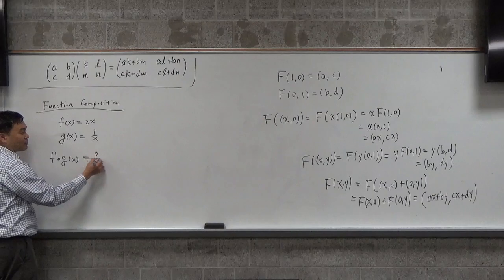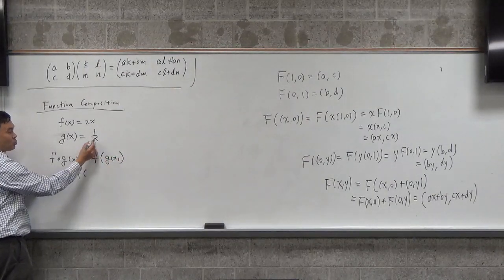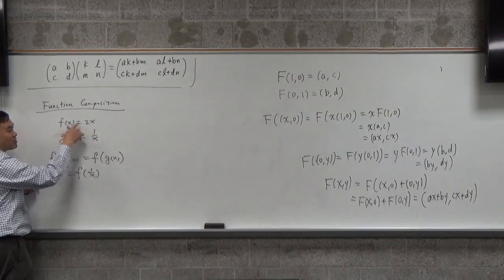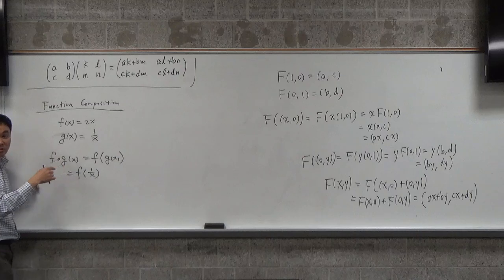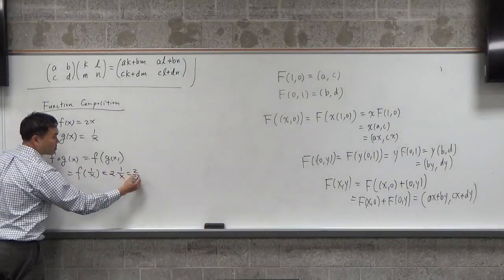It's just f of g of x. So you're doing f of 1 over x. But what's f of 1 over x? It's just like emptying out x and putting the 1 over x in there, right? So this is like 2 times 1 over x, which is 2 over x.